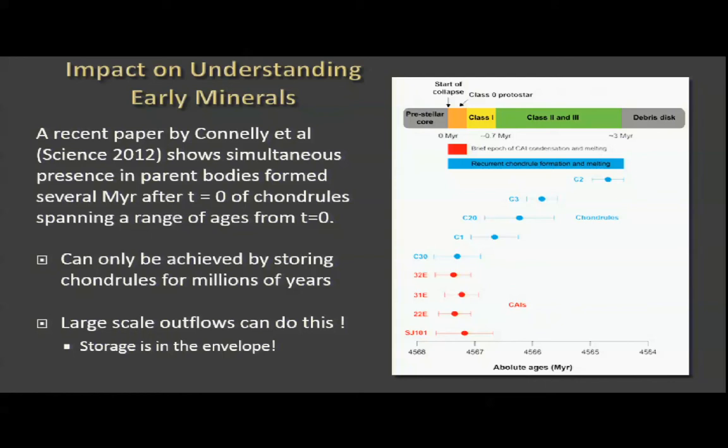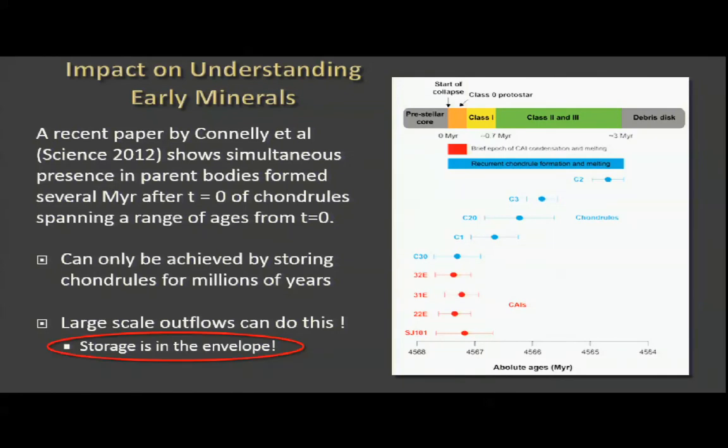So you can find in the same body two chondrules with very different age. And therefore, you have a problem that you need to store these chondrules. You need to make them at very different times with, for example, accretion rate changing with a factor of 1,000 from here to here. You still need to be able to make the same type of melted droplets. And you need to store them.